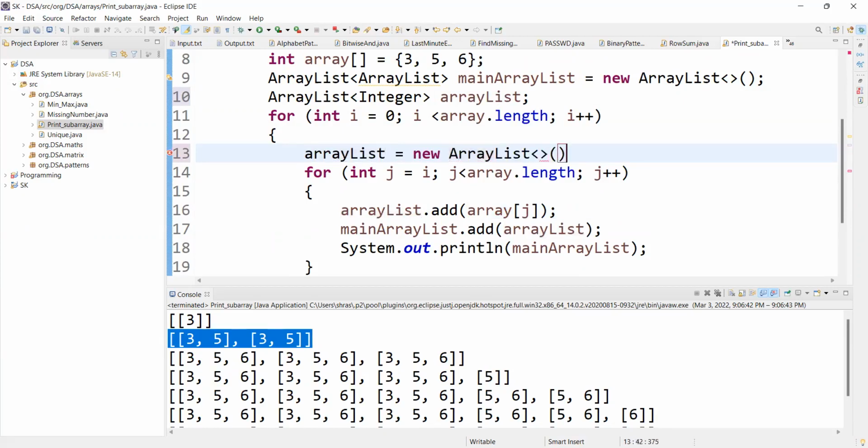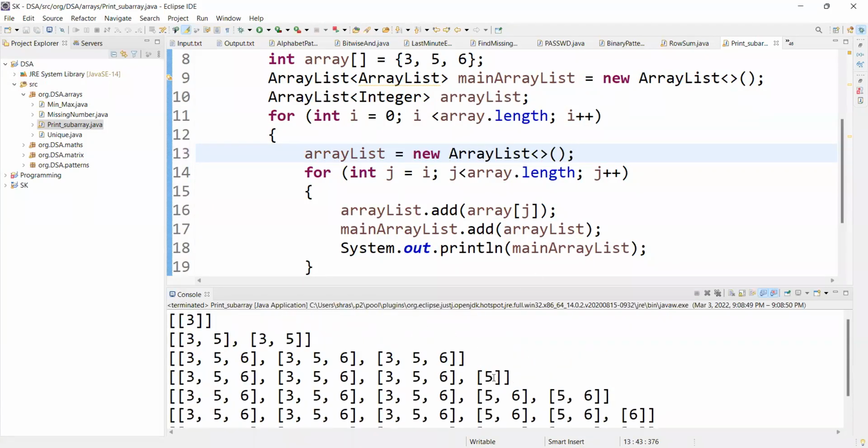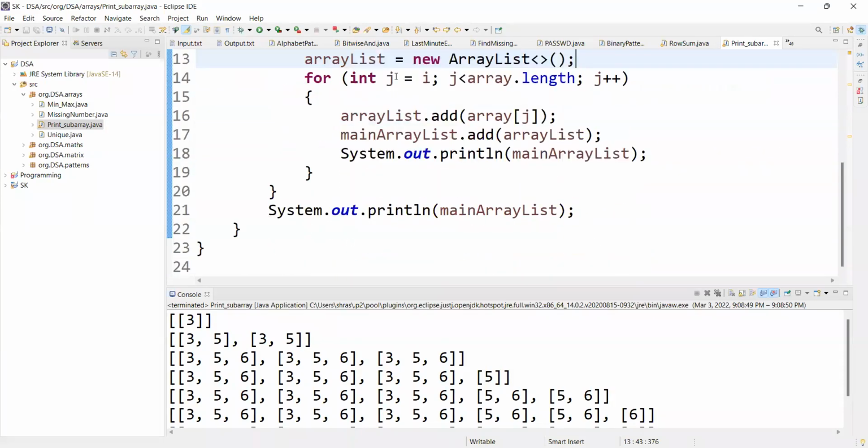It doesn't make much difference whether we do it completely outside or here. No, actually, I'm guessing there is some problem with the functionality of the array list because it is the Java 14 version. I need to check it, so I'll just see it and let you know, guys, what's going wrong. Okay?